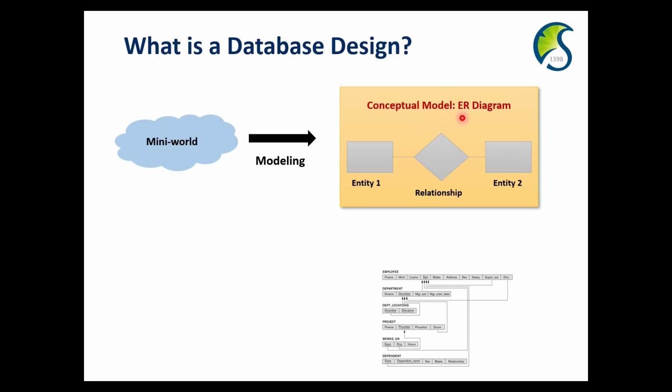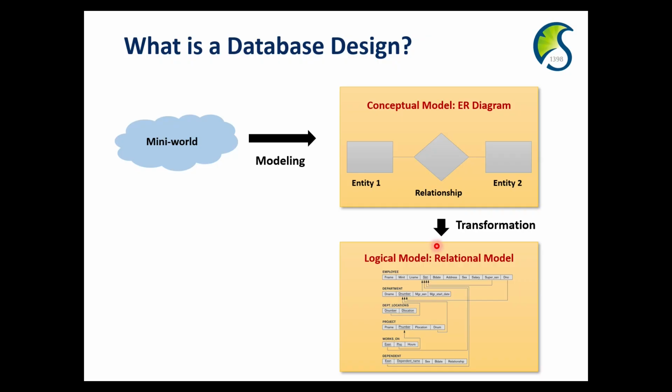Once we design the ER diagram, we can transform it into a relational model. Each entity is represented by relations, and there are some arrows. This is a relationship between some relations. You don't need to know the details, but you should understand the overall flow of database design.